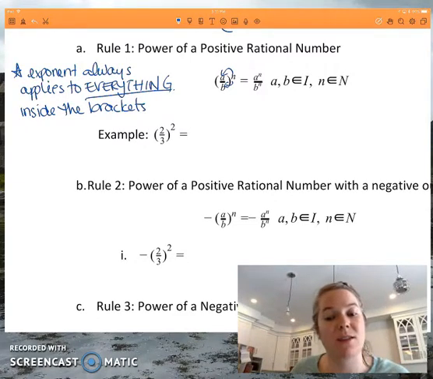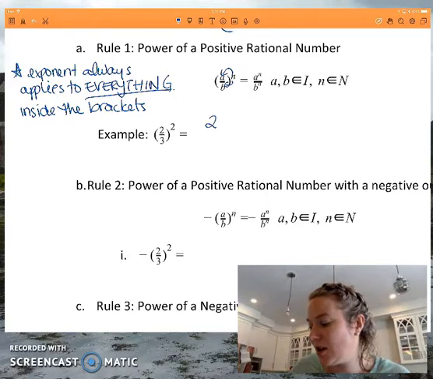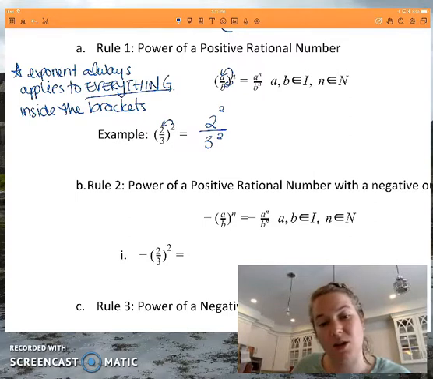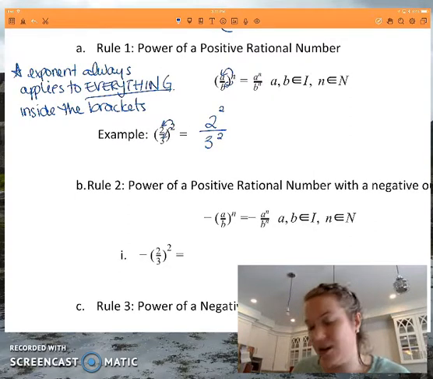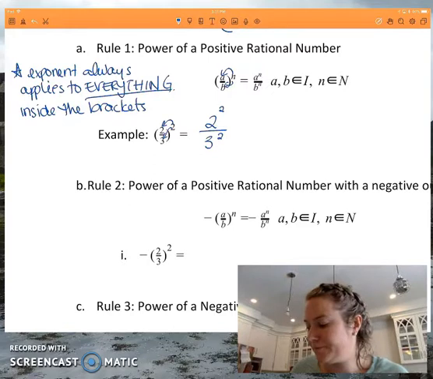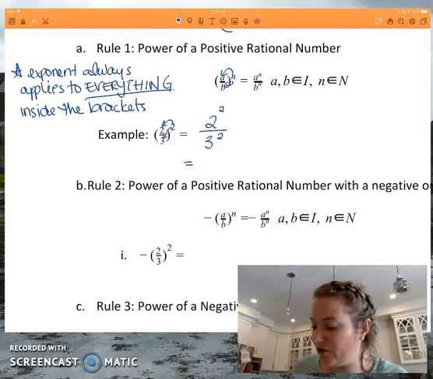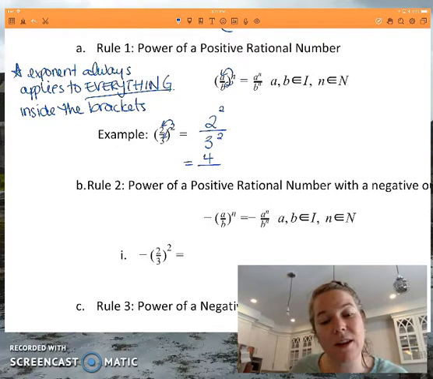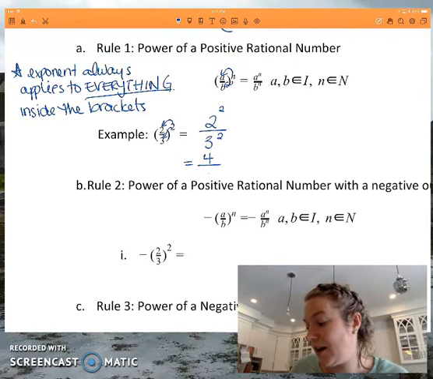2 over 3 is our rational number. The numerator is 2, the denominator is 3, and what you're going to end up with is 2 to the exponent 2 over 3 to the exponent 2. You see I've applied the 2 to the numerator and the 2 to the denominator. 2 to the exponent 2 is 4. 3 to the exponent 2 is 9.